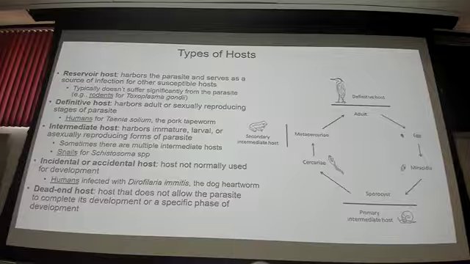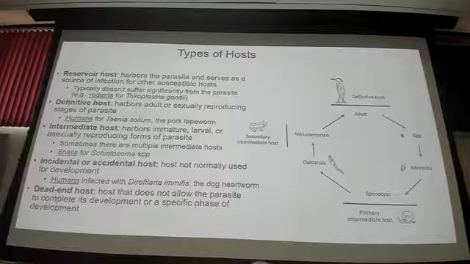So the example here is with Toxoplasma gondii, the parasite that causes toxoplasmosis. That spends a lot of time in rodents. That's its reservoir species. Rodents get eaten by a lot of cats, so they transmit it to the cats. But the rodents themselves don't really suffer too much when they're infected with Toxoplasma gondii. They make a good reservoir species.